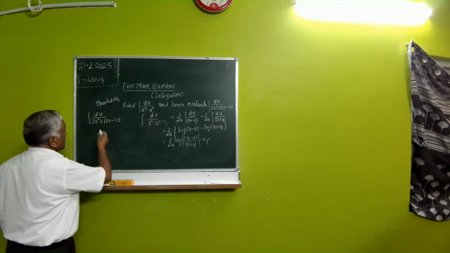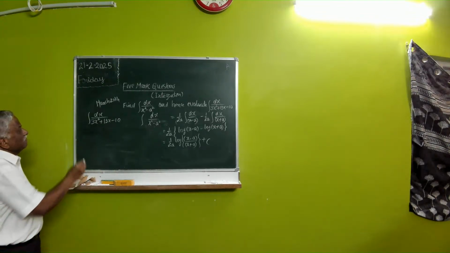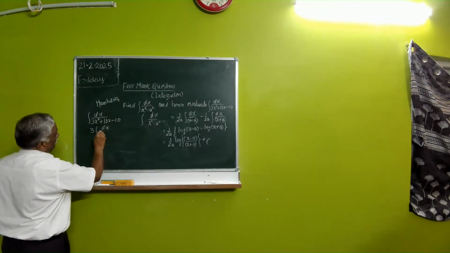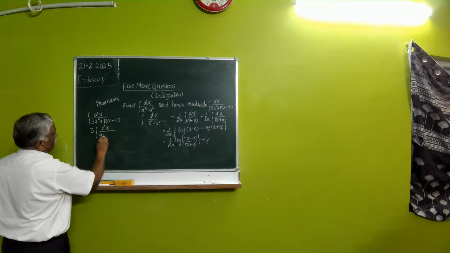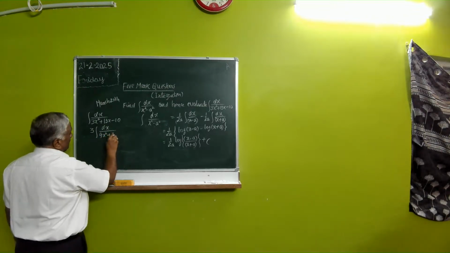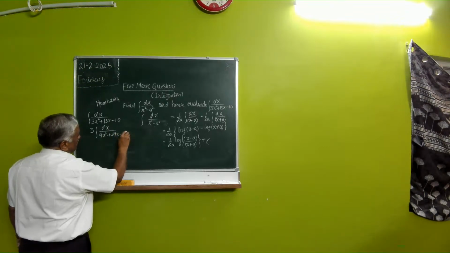I would rather suggest, instead of taking 3 common and making all fractions, we multiply by 3. So this will become 9x square plus 39x minus 30.